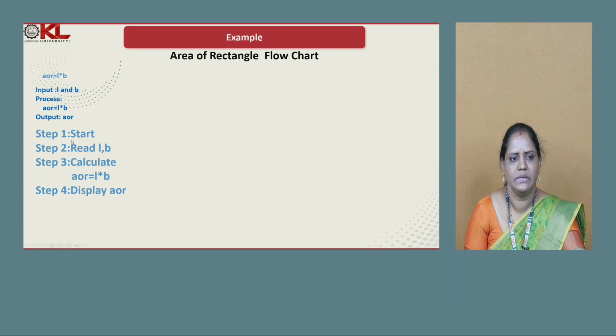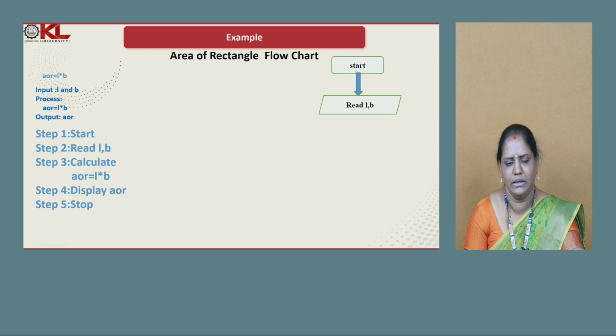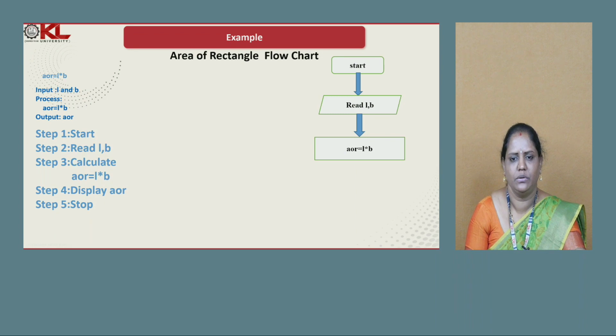The first step is start, and start is represented with a rounded rectangle. The next step is read L and B, meaning an input statement, and input statements are represented with a parallelogram. The third step is the process, meaning we are doing some calculation where we calculate the area of a rectangle. For that we use the rectangle symbol: area of a rectangle equals length into breadth.